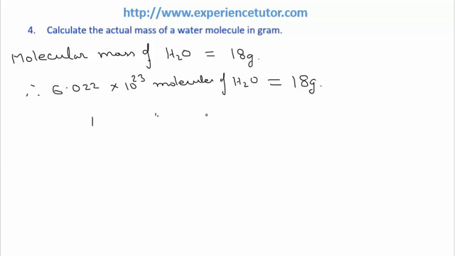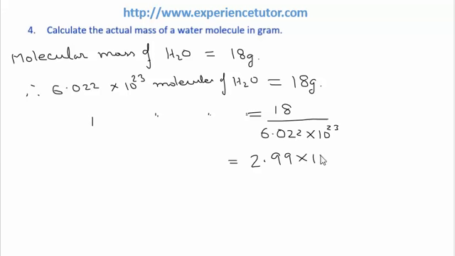Therefore 1 molecule is equal to 18 upon 6.022 into 10 to the power 23, which will give us a result as 2.99 into 10 to the power minus 23 gram.